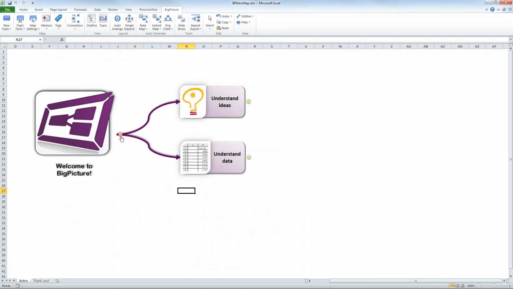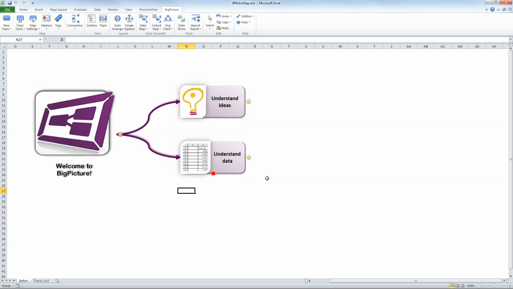So what is BigPicture? Basically, BigPicture is just a way to visualize and help you understand ideas and understand data. We're going to learn about how we understand data and ideas in BigPicture when we go through a quick 6 hats mind map example and also our slideshow example of another decision tree.